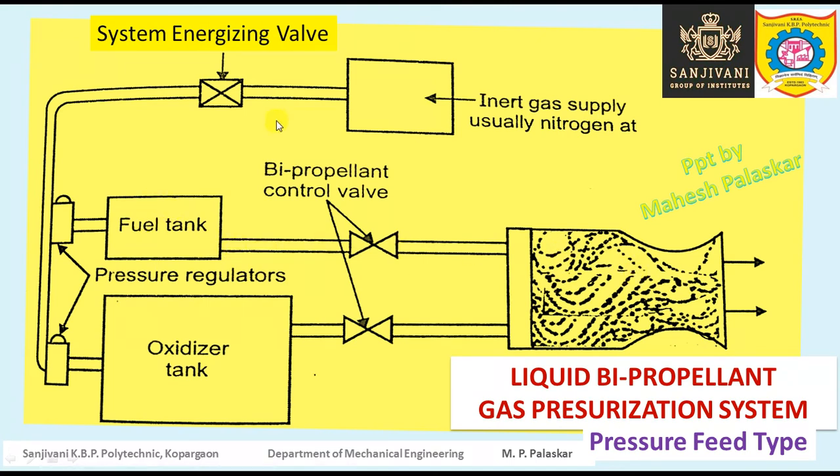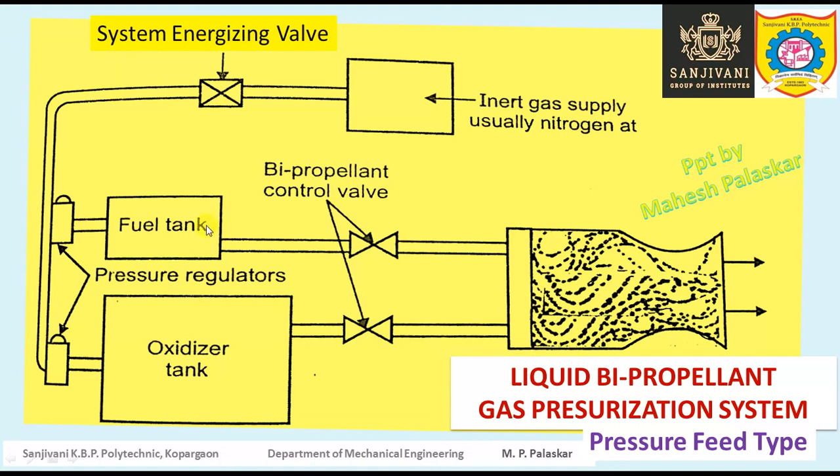At the same time, due to the same pressure of the inert gas, that is the nitrogen, the oxidizer will also pass to the turbine, but the flow of the fuel as well as the oxidizer towards the turbine will be controlled by the bipropellant control valve.